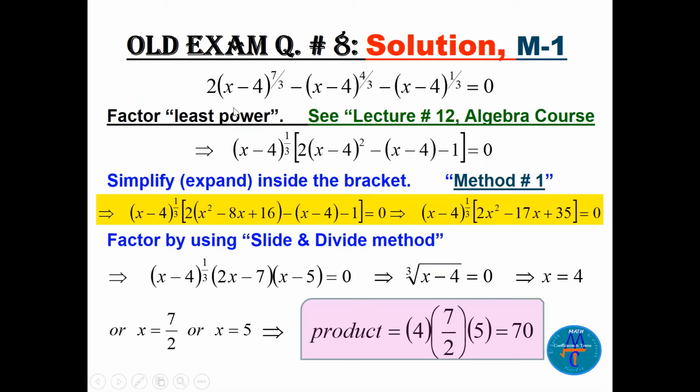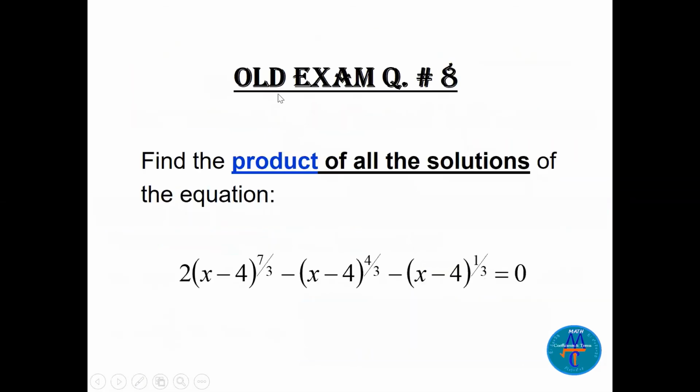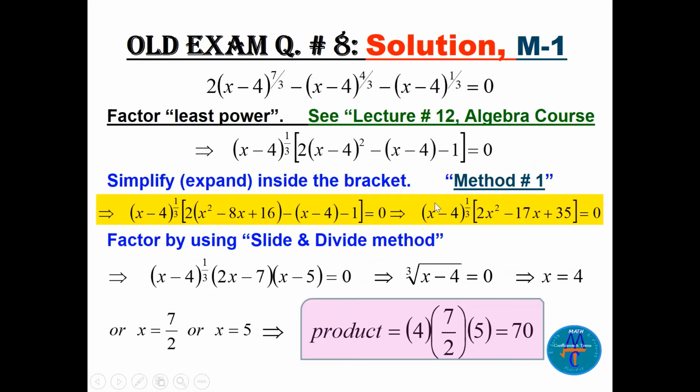The first one, we factor the least power. See this one here? Look at this one, 7 over 3, 4 over 3, 1 over 3. Rational powers. We take the smallest one. So we take x minus 4 to the power 1 over 3. Now, if you want to see more questions on these factoring, please see lecture number 12 in the algebra course about factoring these powers.